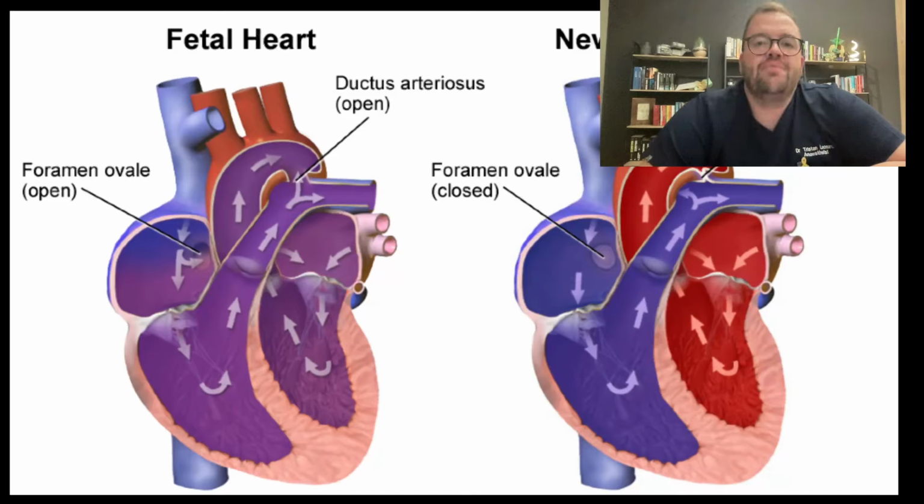So the left atrial pressure increases and the foramen ovale flap is pushed closed. And we all know that if that doesn't happen, we call it a persistent or patent foramen ovale.